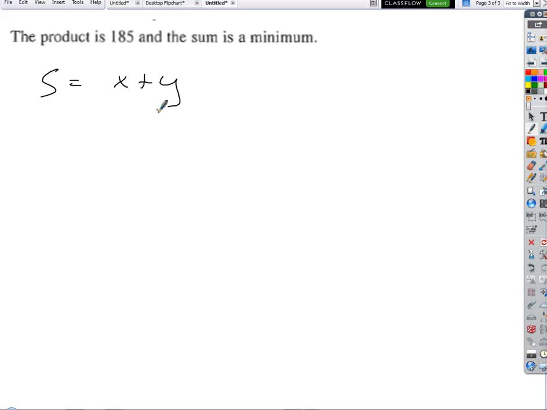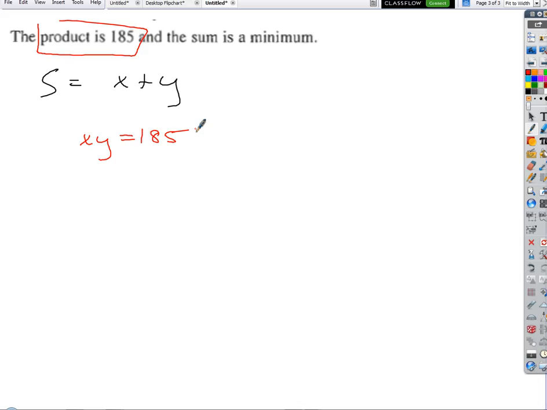How about negative infinity and negative infinity? Well, you tried. Cheater. See what I'm saying? It doesn't make any sense unless we impose some kind of constraint on this problem, and the constraint is going to be the secondary equation. So where does that come from? xy equals 185. So my secondary equation is x times y equals 185, so what do I do?